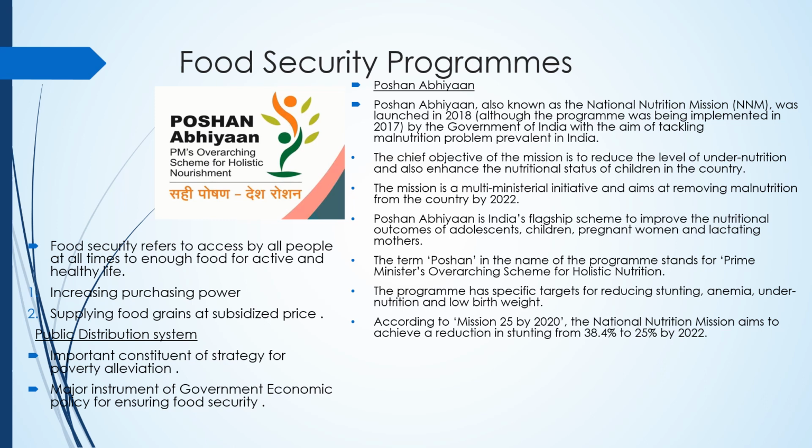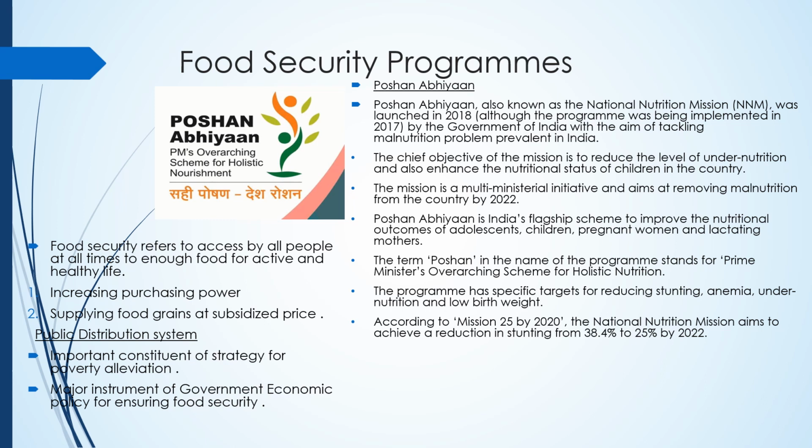The chief objective of the mission is to reduce the levels of undernutrition and enhance the nutritional status of the children in the country. The mission is a multi-ministerial initiative aiming at removing malnutrition in the country by the year 2022. So when it was started, the aim was to remove malnutrition from the country.